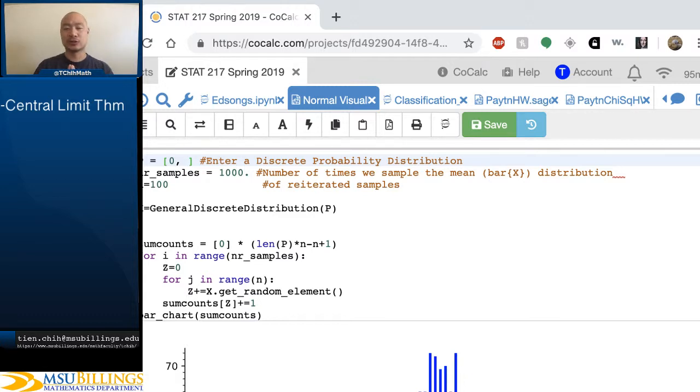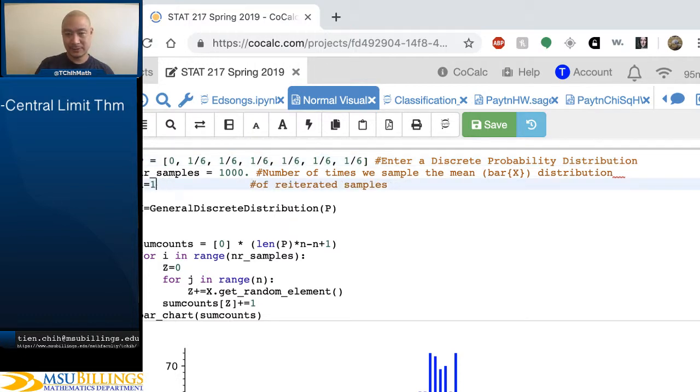But what's also true is that all probability distributions that have a mean and standard deviation, if you take sufficiently large sample sizes, can be approximated by a normal distribution.